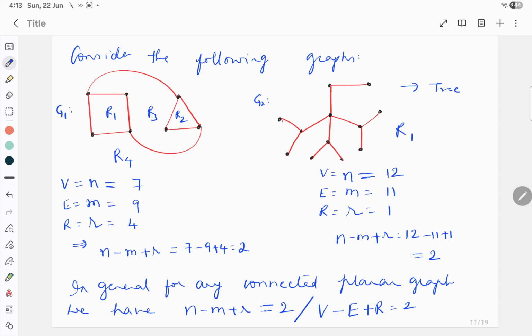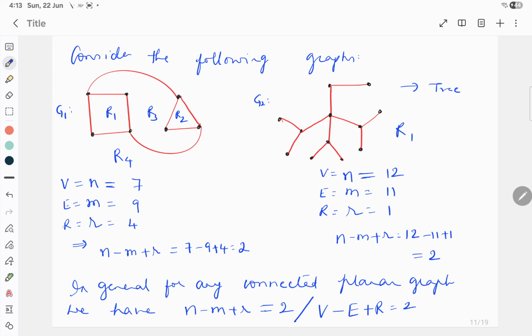This graph G1 is a connected graph which has regions R1, R2, R3 and an exterior region R4. If you count the number of vertices V, usually denoted by n, that is equal to 7. Number of edges 1, 2, 3, 4, 5, 6, 7, 8, 9. So the number of edges E or m is equal to 9.